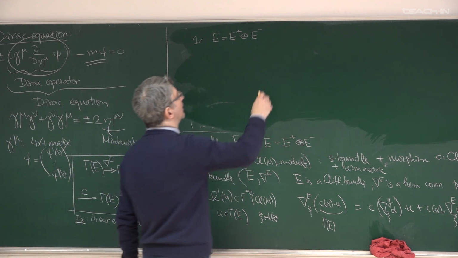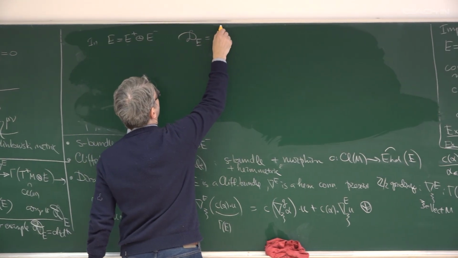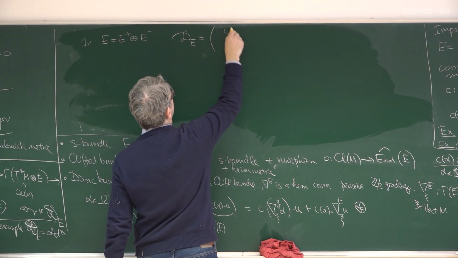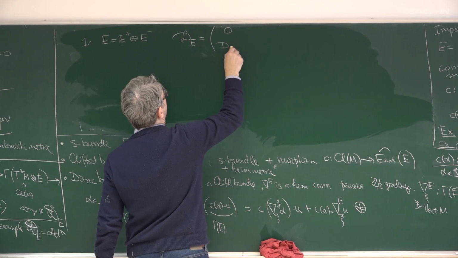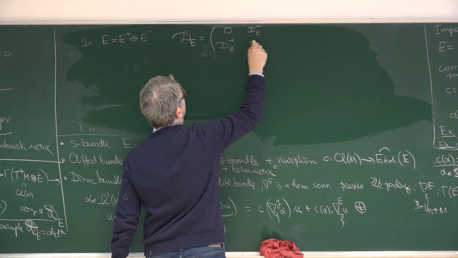That's why this guy can be written in the form, in the splitting, D_E^+ and D_E^-, with zeros on the diagonal.